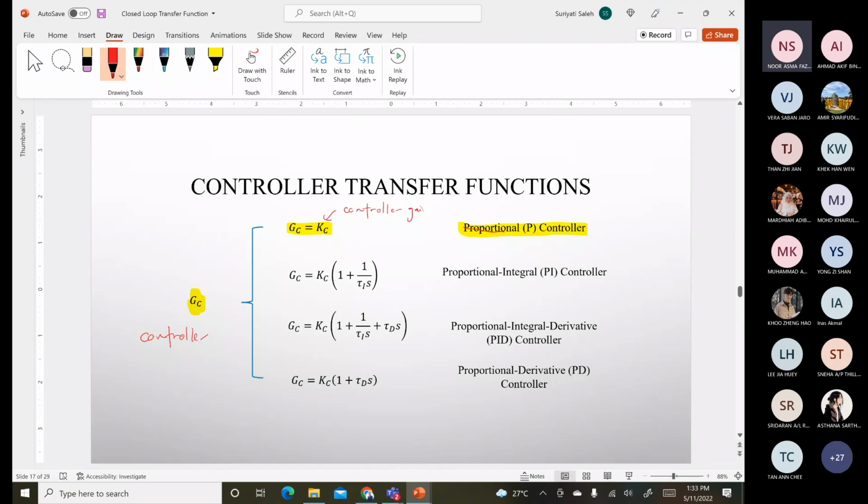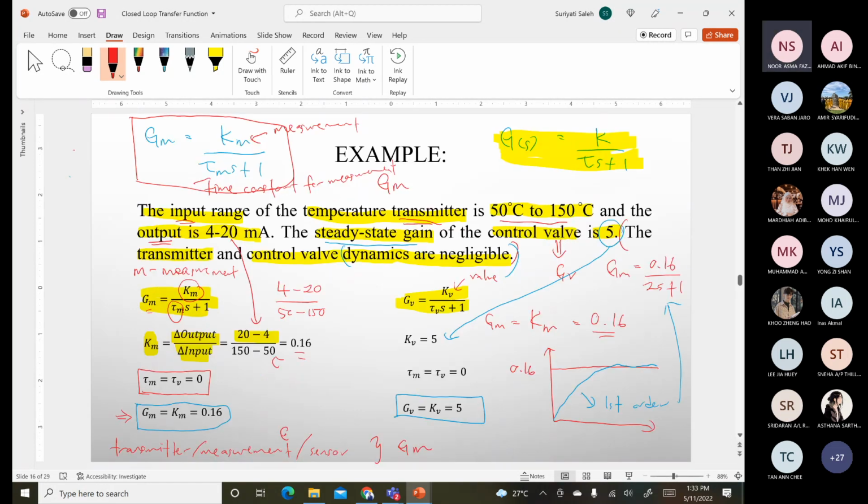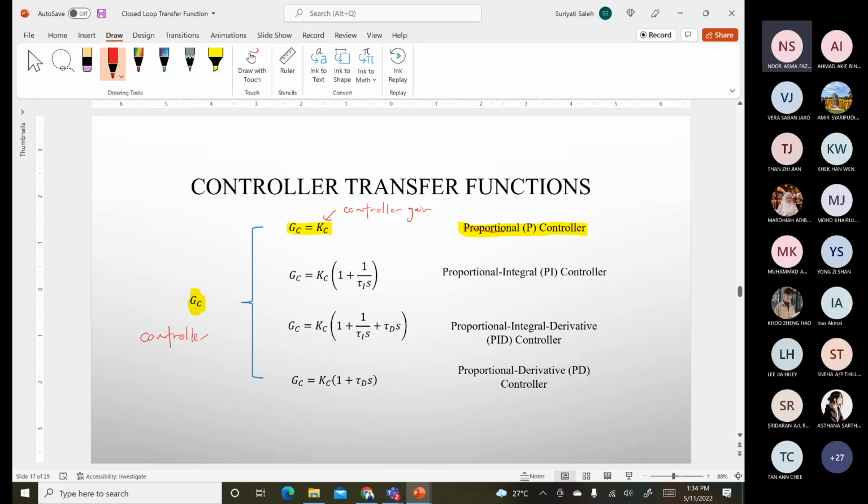Whenever you encounter K, it refers to the gain. The same goes with the measurement: you have Km, K is the gain, M for the measurement. For this part, you have Kc, K is the gain, C for the controller. So for a proportional controller, you only have one parameter, which is the controller gain.